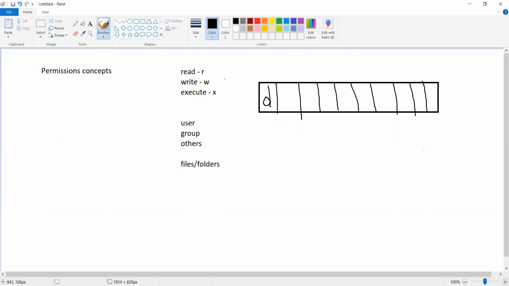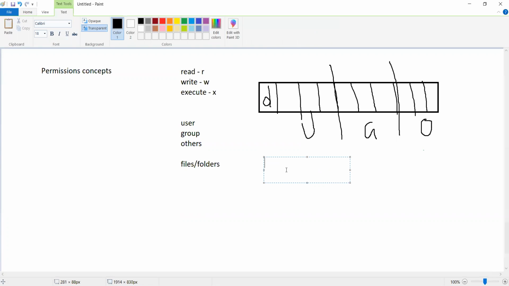And next come the first 3 blocks for a user, the next 3 blocks for a group, and the next 3 blocks for others. So user is this one, group is this one, and others is this. Let's imagine I have a file called abc.txt.